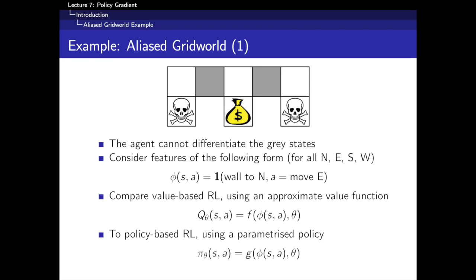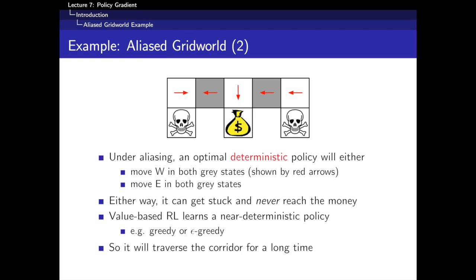Because you've got a wall to the north, you've got a wall to the south, and you're going west. So your feature vector will be identical, and you can't tell the difference between those two states. So as a result, if you use a deterministic policy, then you have to pick the same action in those two grey states. A deterministic policy, which is parameterized in terms of those two things.